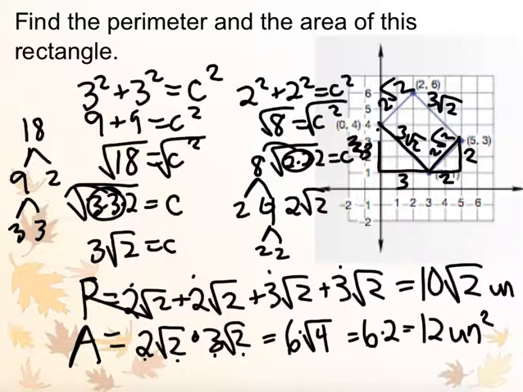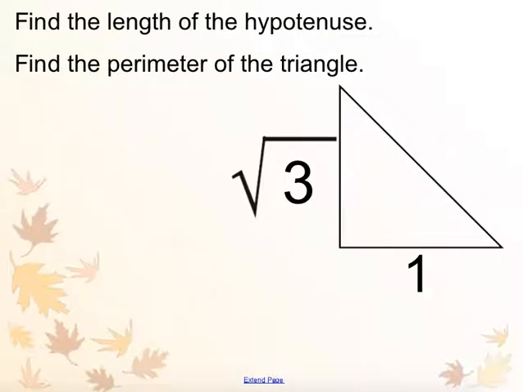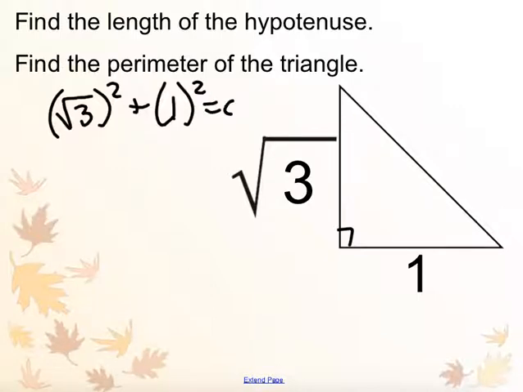Now if we go on, we can use the same idea for some other problems. Find the length of the hypotenuse. Well, this is a right triangle, so we are going to say I have the square root of 3 squared plus 1 squared equaling c squared. So if we have the square root of 3 squared, that's like having the square root of 3 times the square root of 3.